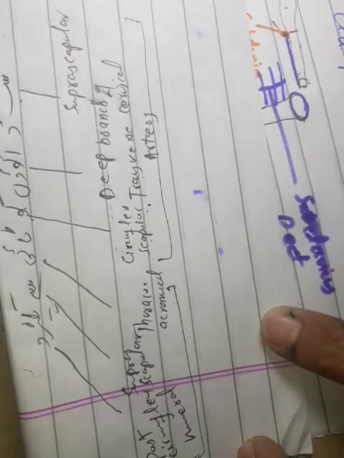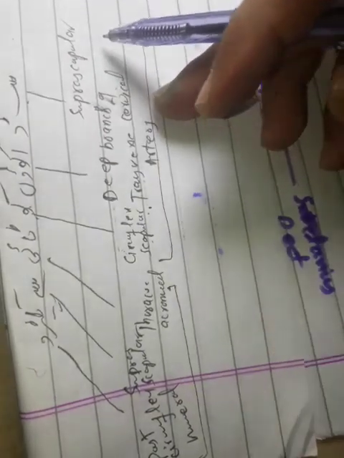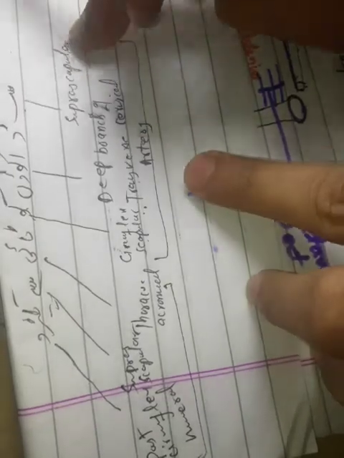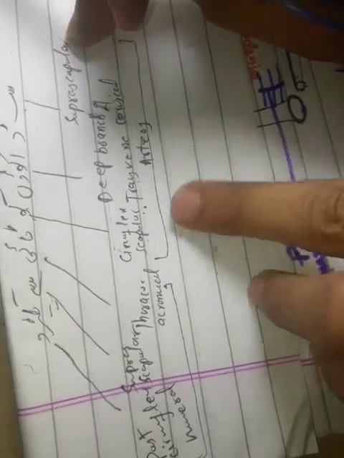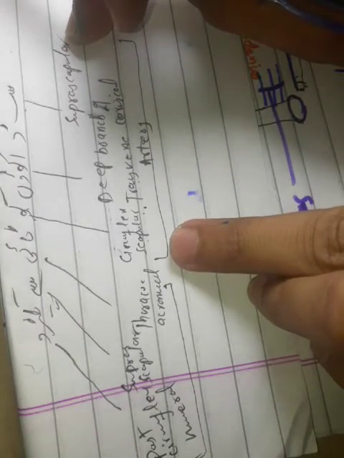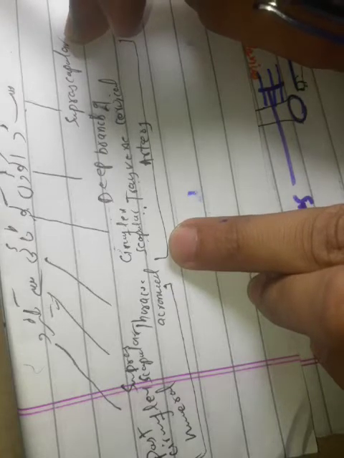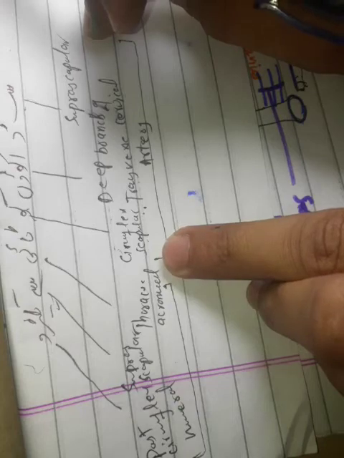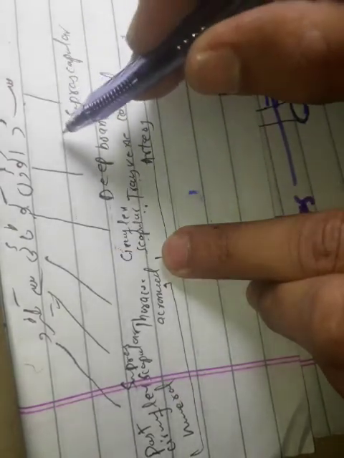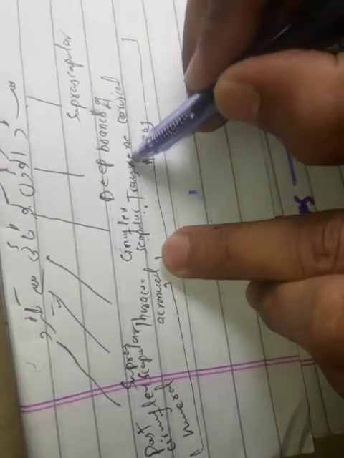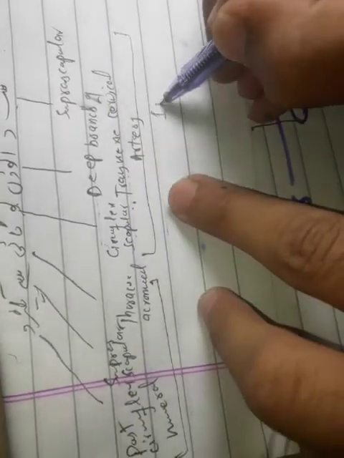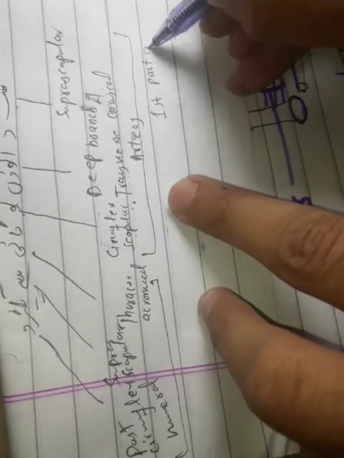The anastomosis around the scapula is actually in between the first part of subclavian artery and third part of axillary artery. Both of these arteries, suprascapular artery and deep branch of transverse cervical artery, arise from first part of subclavian.